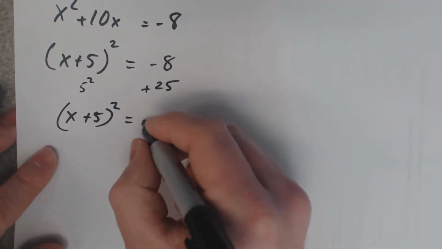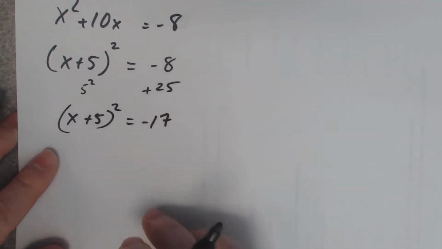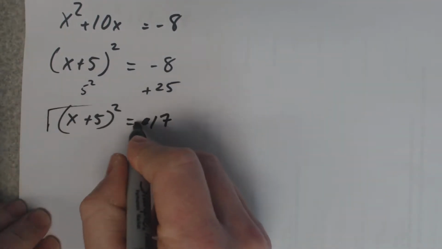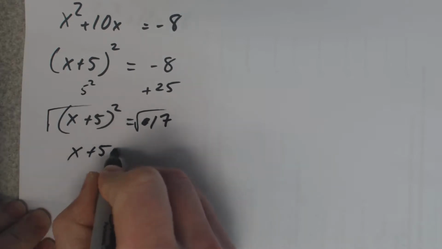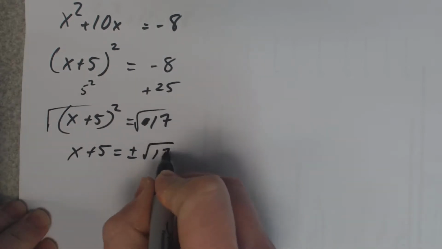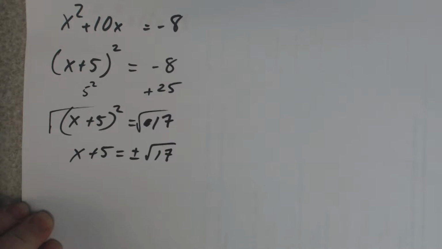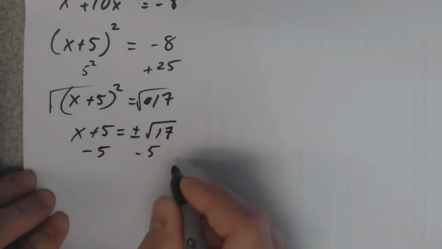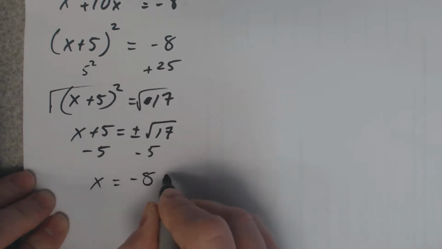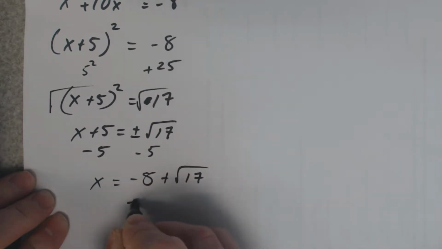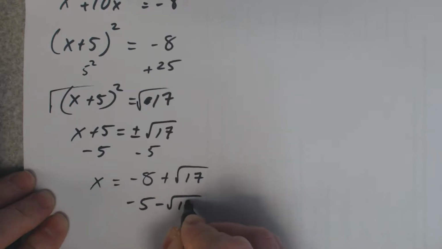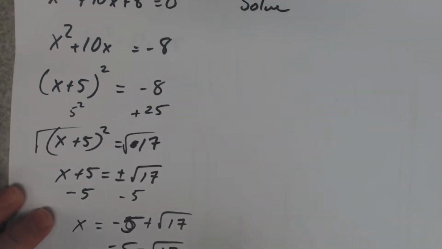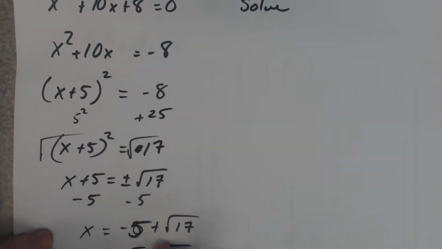That would be 17, positive. So take a square root, get rid of the power of 2. It's automatically plus or minus. The square root of 17 doesn't simplify. Take away 5. Two answers: negative 5 plus square root of 17, negative 5 minus square root of 17. It's a 5, not an 8. And you can work through it with the quadratic formula. It'll work the same way. You'll get the same answers.